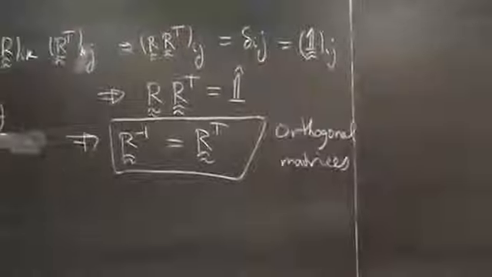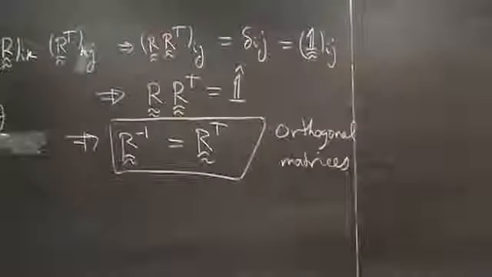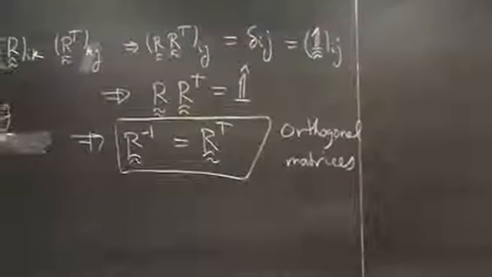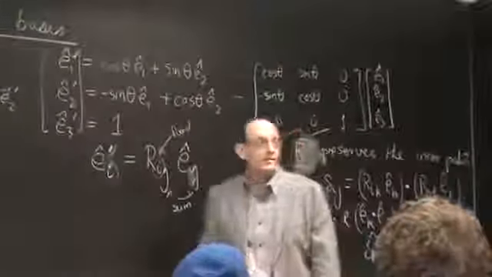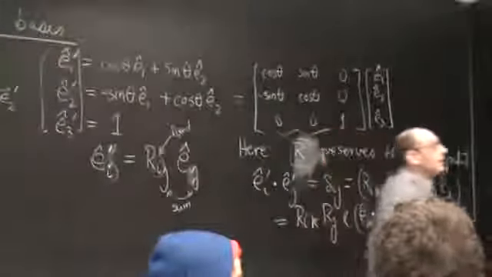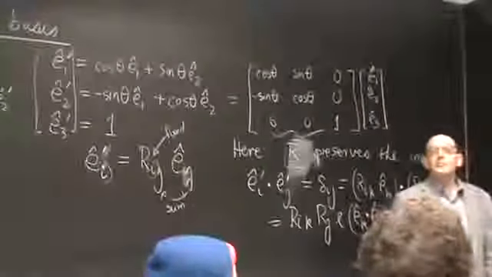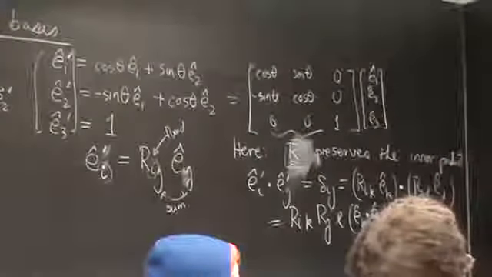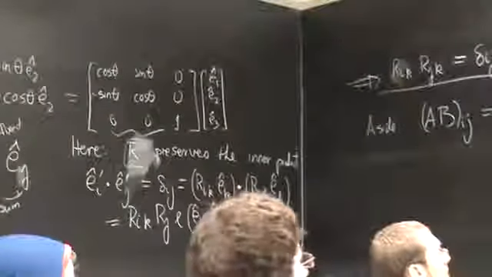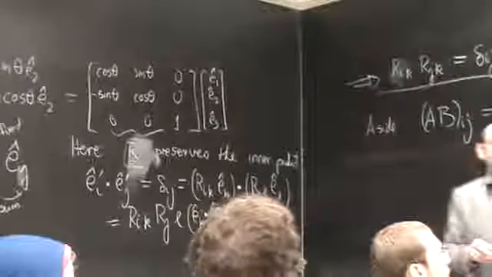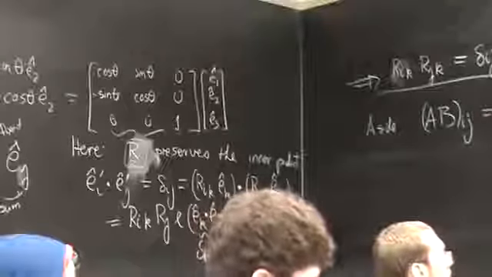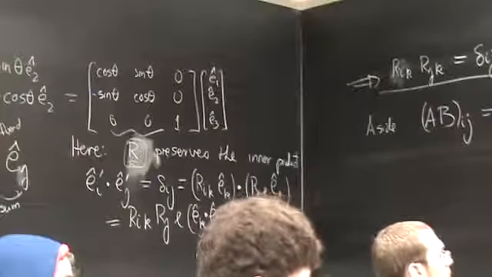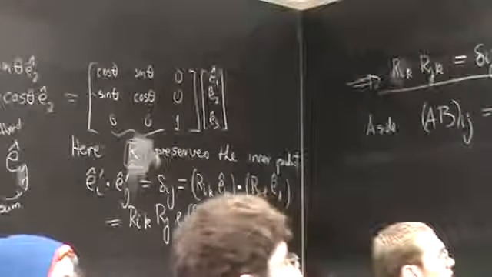I changed the basis, and just by using vector addition, I was able to relate the new basis vectors to the old basis vectors. Sometimes, and quite often, it's more convenient to think about this as not a transformation on the basis vectors, but instead a transformation on the coordinates.